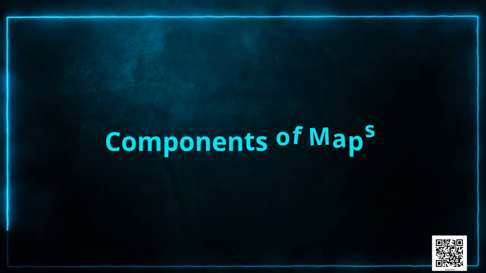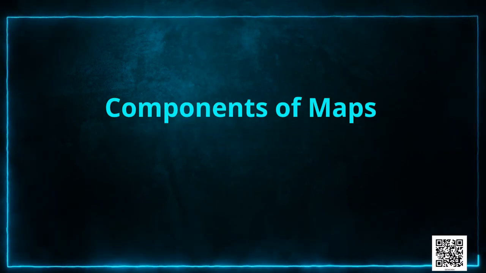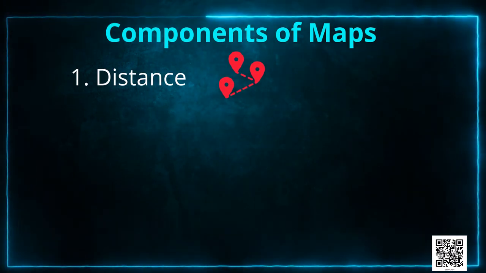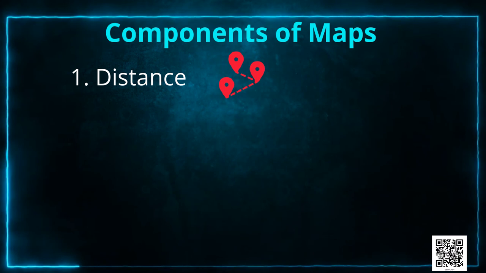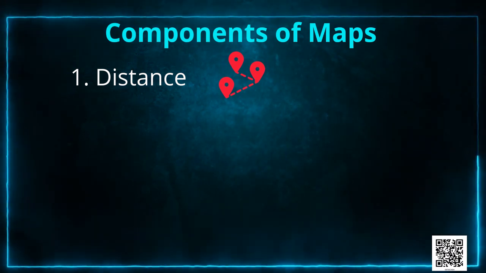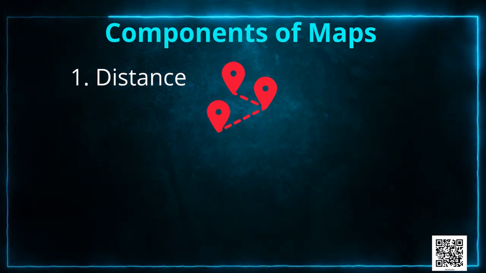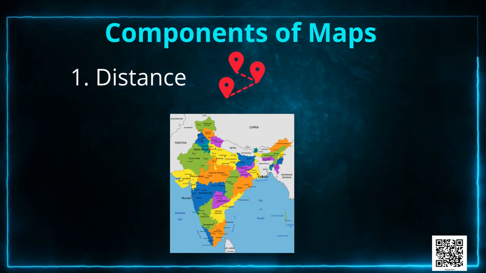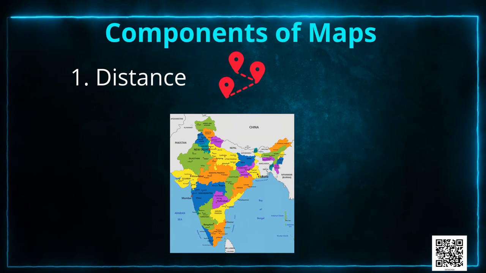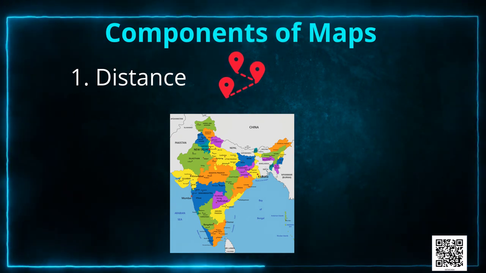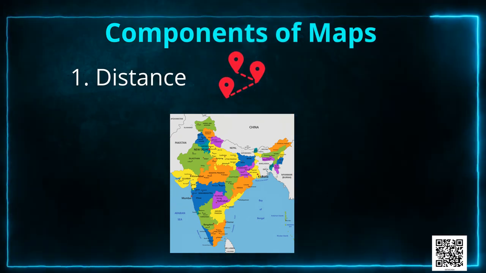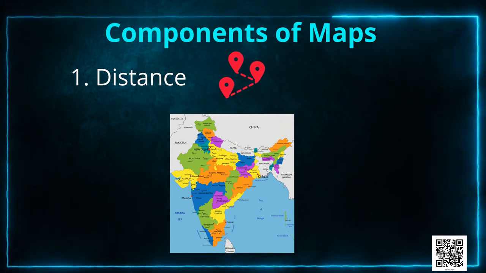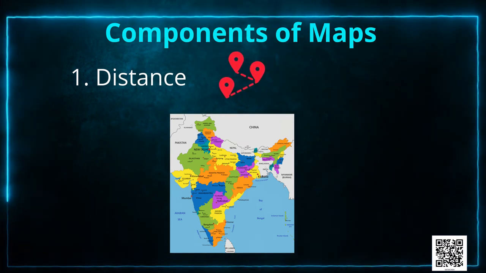There are three components of a map. First is distance, second is direction and third is symbol. So students, here we discuss distance. Maps are drawings which reduce the entire world or a part of it to fit on a sheet of paper, or we can say maps are drawn to reduced scales.